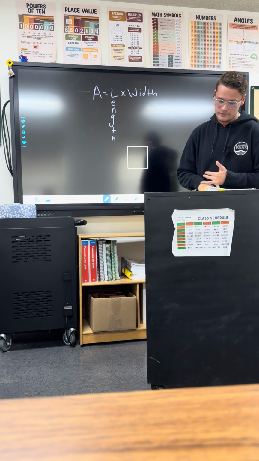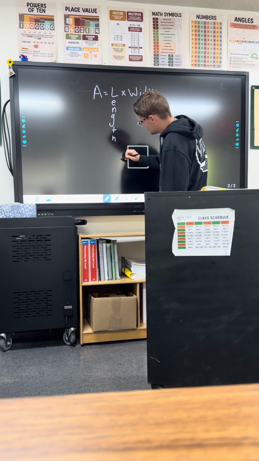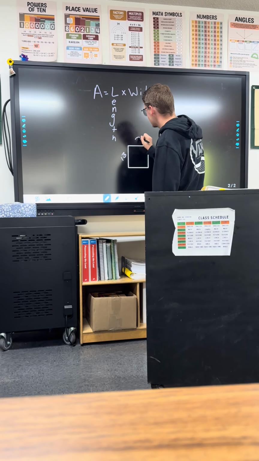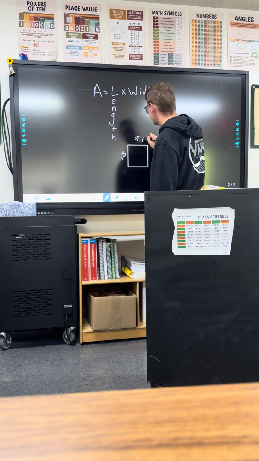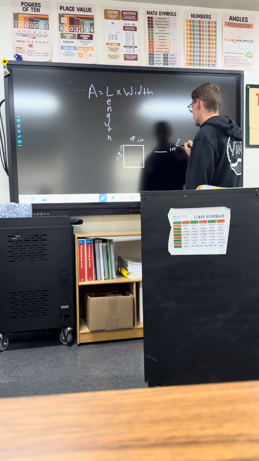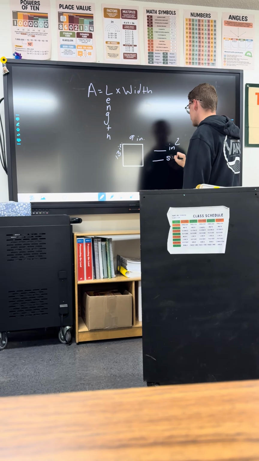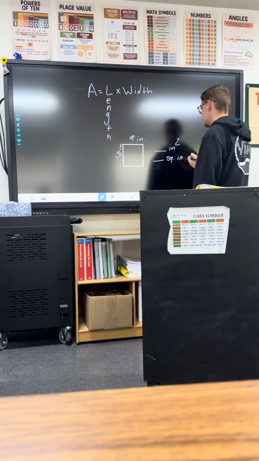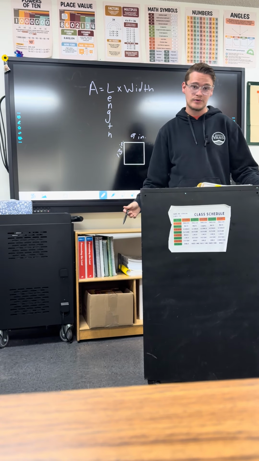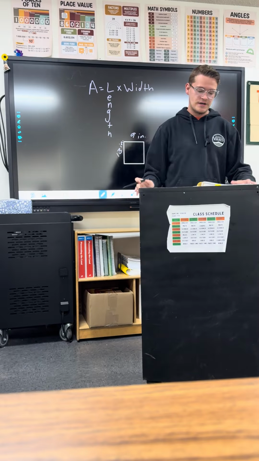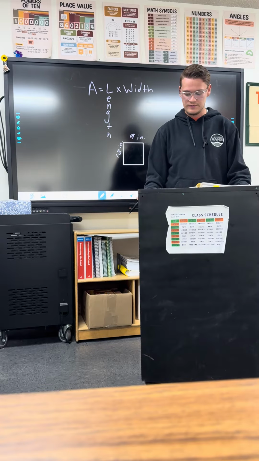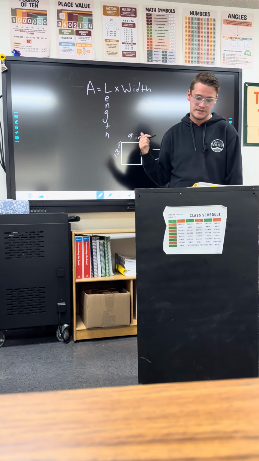If this is 13 inches, and this is 9 inches, then your answer should be whatever this is, inches squared, or squared inches. One of these needs to be presented because otherwise you're going to get a problem wrong. And I don't want you guys to get a hard question wrong even though you did all the right work, purely because you missed a thing.